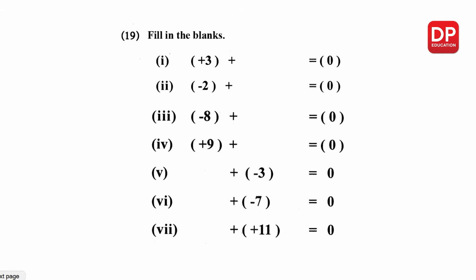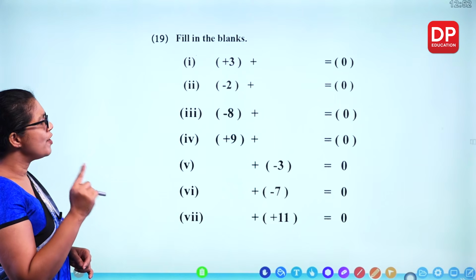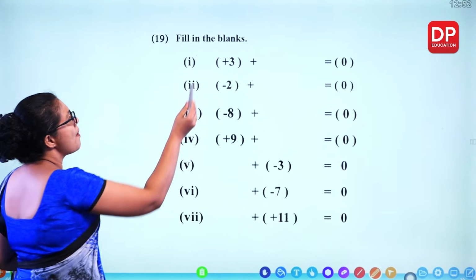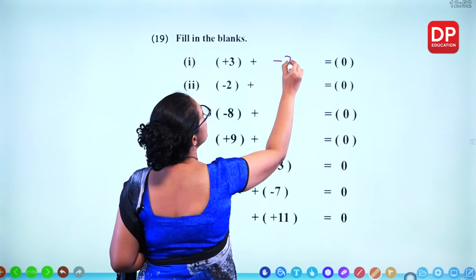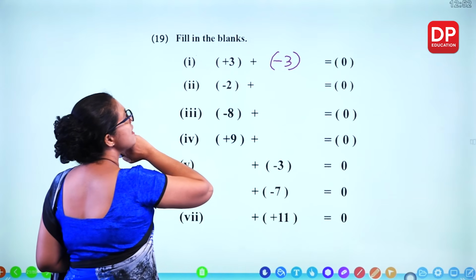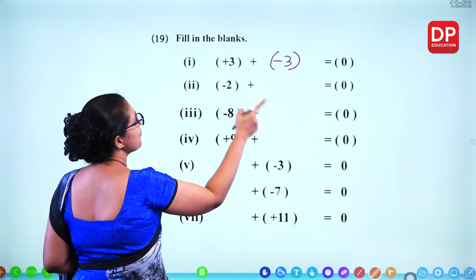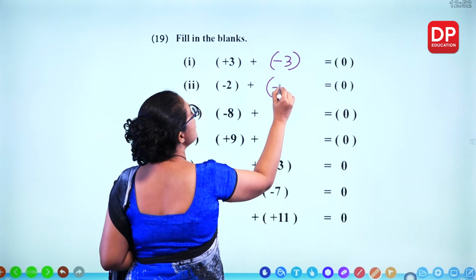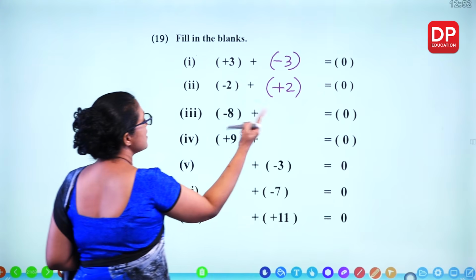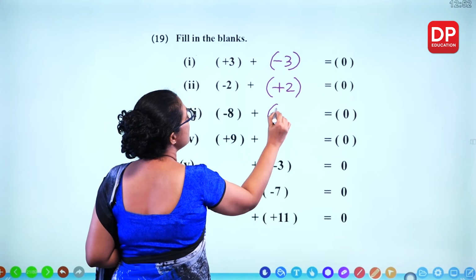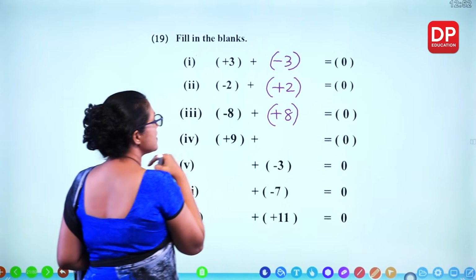Now we'll see these numbers. You are getting 0. How you get 0? When you add additive inverse. Plus 3, when you add additive inverse of plus 3, that's minus 3, you get 0. Minus 2 there, when you add plus 2, you get 0. Minus 8, when you add plus 8, you get 0.